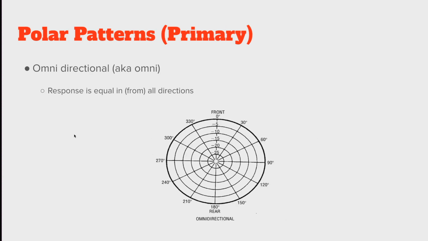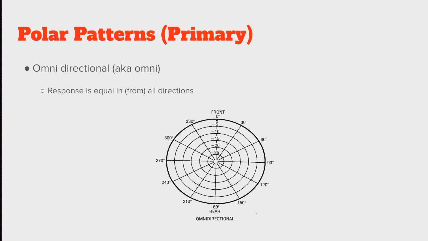So on this slide, we can see the polar response pattern for something called an omnidirectional microphone. An omnidirectional microphone, as the name implies, responds to all directions equally. So this chart isn't the easiest for us to understand right now because we don't have anything to compare it to. But to describe how this works, we have the front of the microphone up here labeled as 0 degrees. Some manufacturers will put the 0 degrees at the bottom.